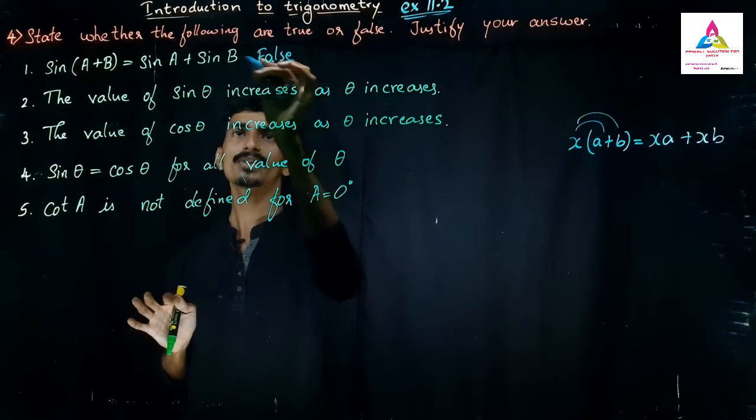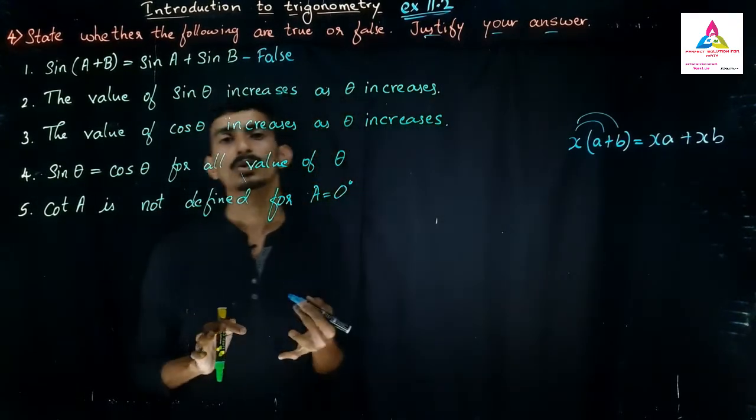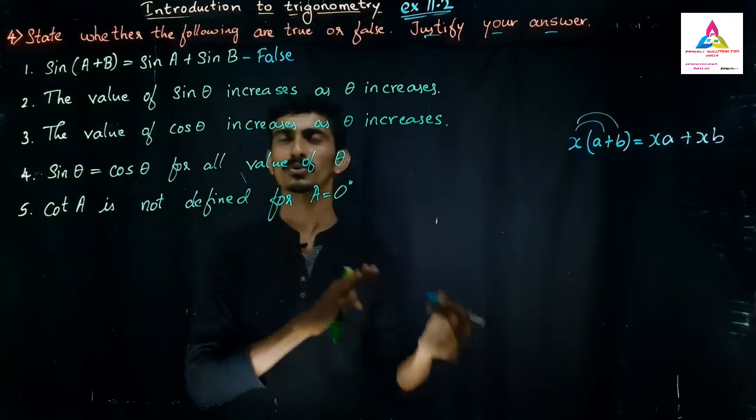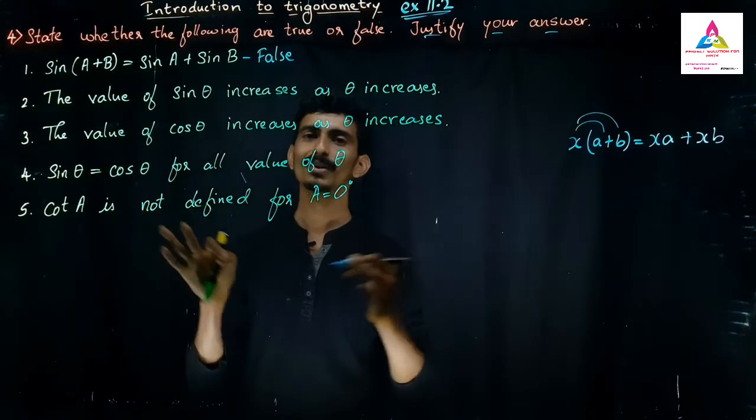But they have asked us to justify, so why do we have to give a justification? To justify, I will just give an example. You just have to give an example, that's all. So we will take one A value and one B value, not the same value.